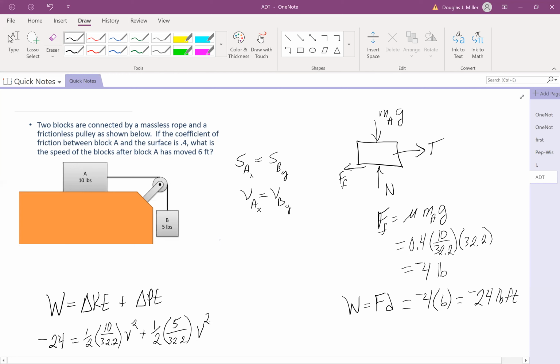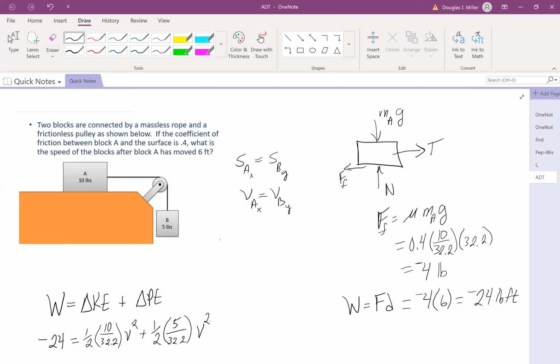Now, like I said, if they weren't tethered together, we'd have to put these in as separate terms, but we can acknowledge the fact that because the speeds are equal for both A and B, we just have a single speed. So we have this present. And then we have the change in potential energy.